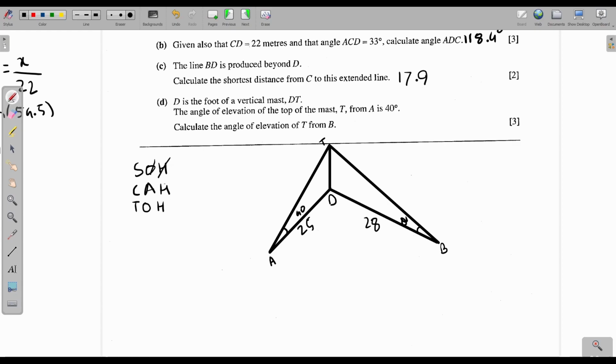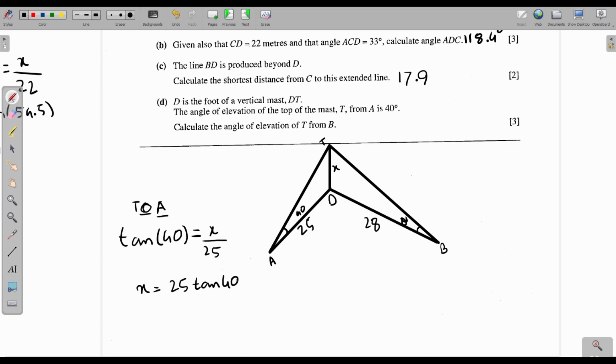What we're trying to find is the opposite, and we have the adjacent and the angle. So tan of 40 is going to be equal to the opposite, which I'm going to call x, over the adjacent, which is 25. That means x is just equal to 25 tan 40.